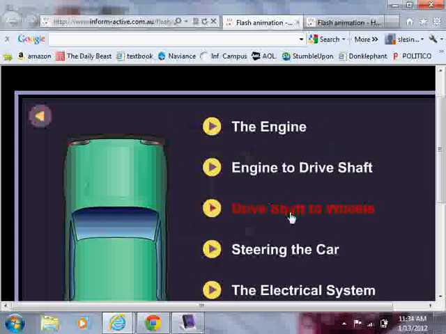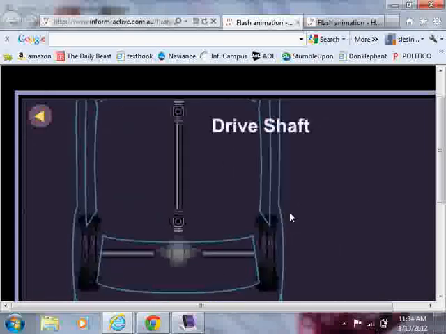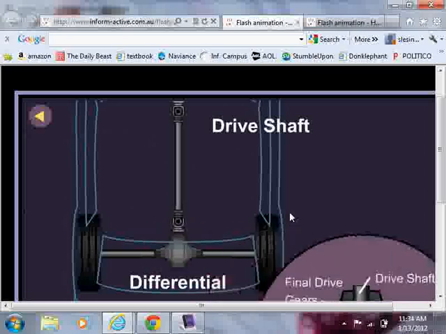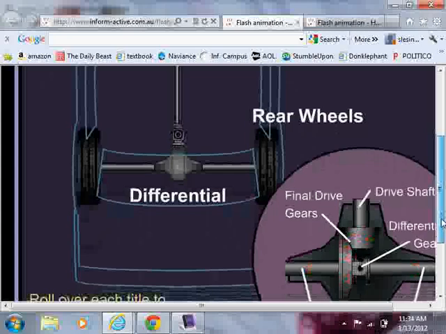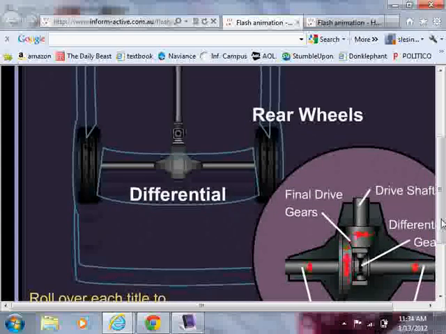And finally, the drive shaft to the wheels. That drive shaft is turning. Yes? That's it right here.